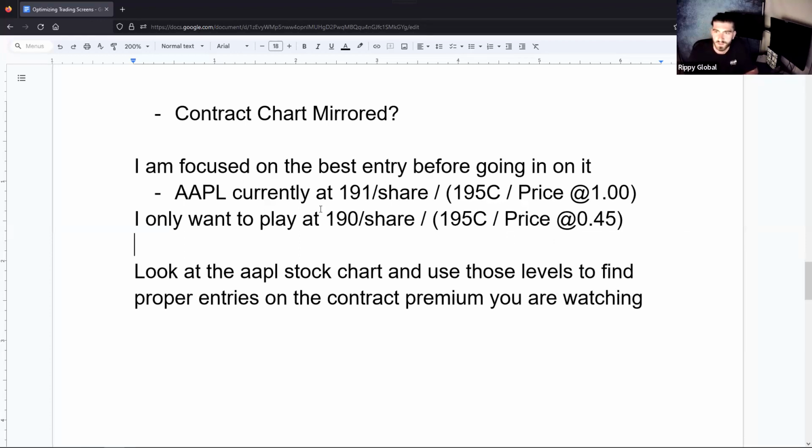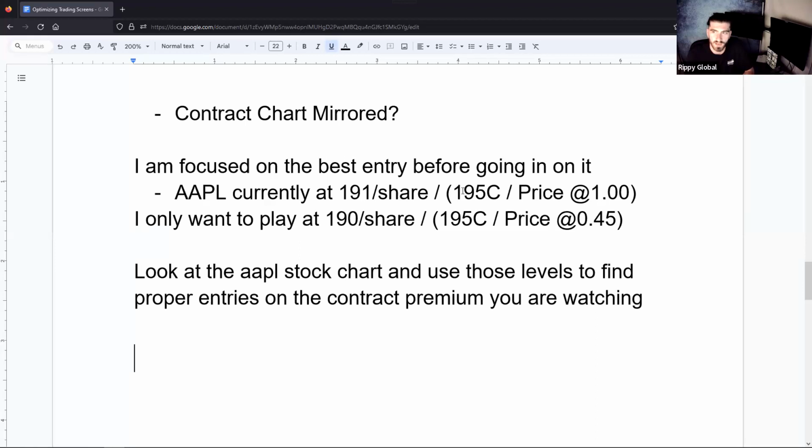So when Apple was at 190 a share, that same contract was 0.45. Currently, Apple's at 191 a share, and that contract you want is $100 a piece. When I look at stuff like this, I'm focused on my support level, quote unquote. My support level for Apple is at 190 a share.